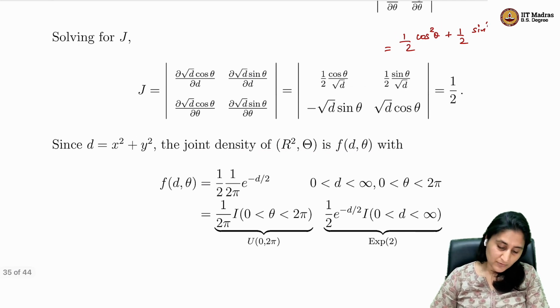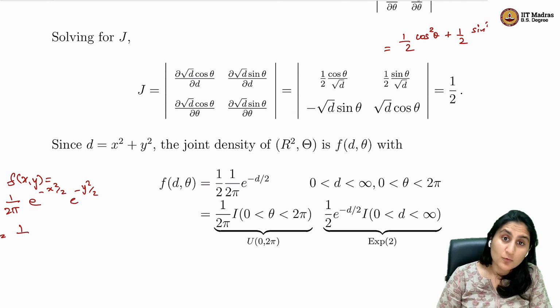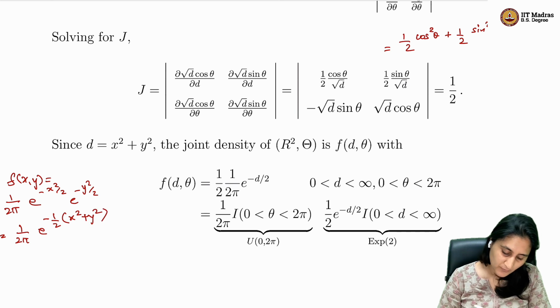Now remember, f of x comma y is nothing but 1 over 2 pi e to the power minus x square by 2 times e to the power minus y square by 2, which is equal to 1 over 2 pi e to the power minus 1 by 2 times x square plus y square.